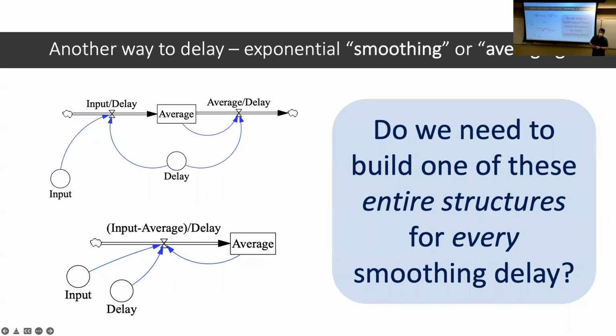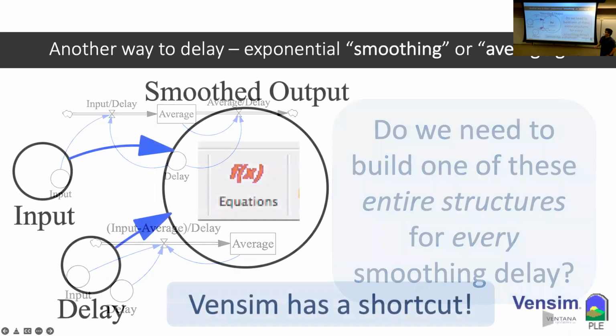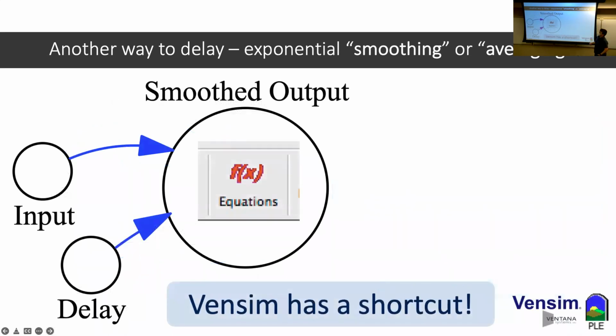Okay, so I mentioned that this would be a pain if we had to build these things every time. We had to build the toilet tank example every time we wanted to use a smoothing delay. So how do we take a shortcut inside Vensim and Insight Maker? If I look inside Vensim, there is already a toilet tank delay built. In other words, the entire toilet tank example has already been implemented in one block in Vensim.